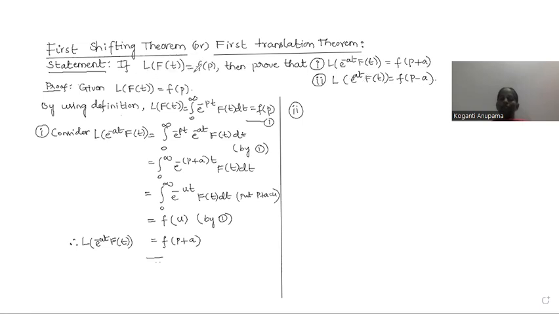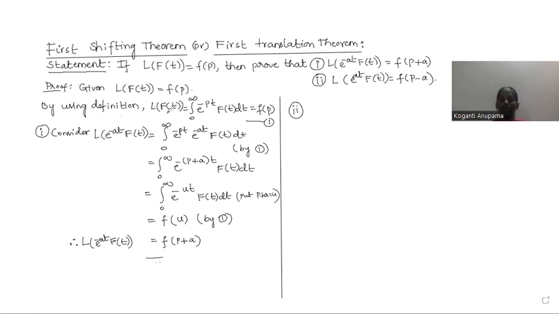For proving this theorem, first we should understand the definition of the Laplace transform of f of t. Basically, L is an operator. We call it the Laplace operator. It transforms, it changes a function of t into a function of p.